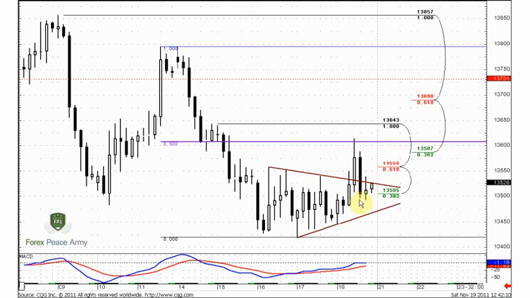Now, this pattern in general gives us a lot of advantages, since it allows us to enter on the short side of the market based only on itself, based only on that pattern. Because if the market takes out those highs and continues to move to the upside, it will break this area of resistance, it will erase its patterns, and in this case we will have to be prepared for the continuation of the upward move.